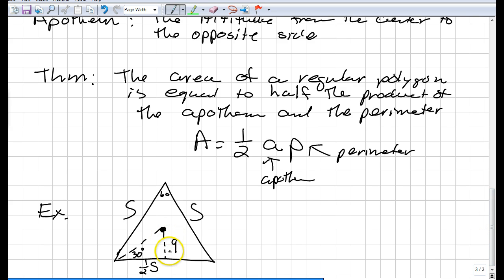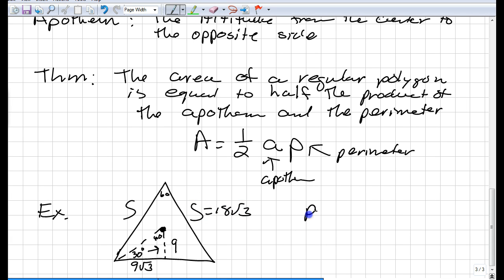So if we know this is 9, then we know that that is opposite the short side. So that means this has to be a 60-degree angle. And so therefore, this side has to be 9 square root 3. But that's half a side. So each side is 18 square root 3.